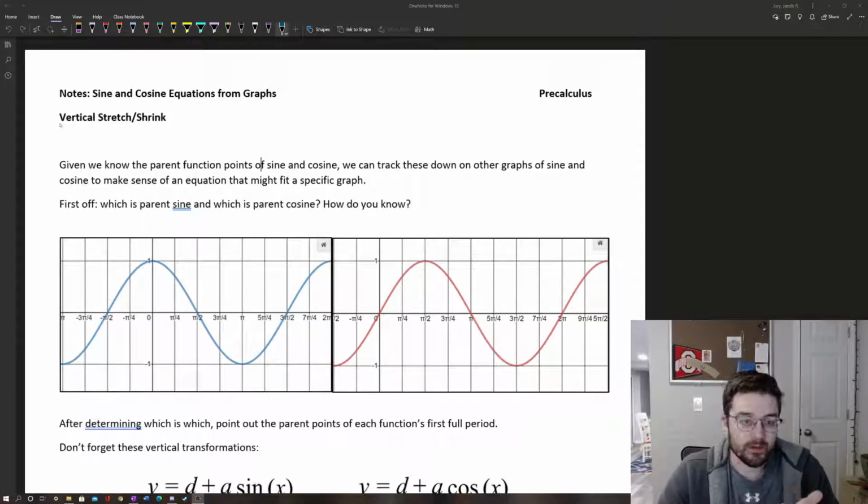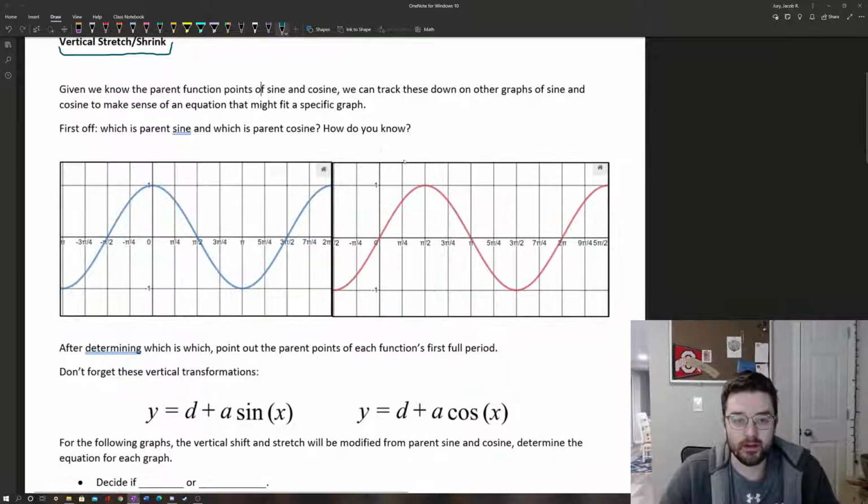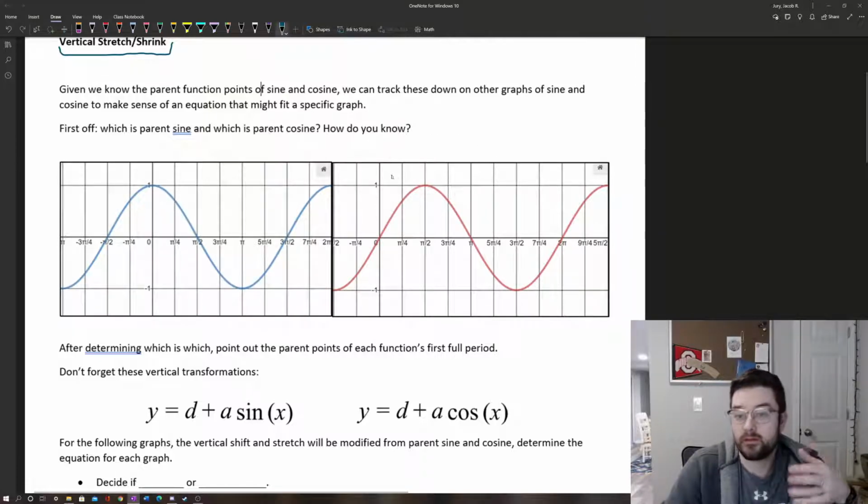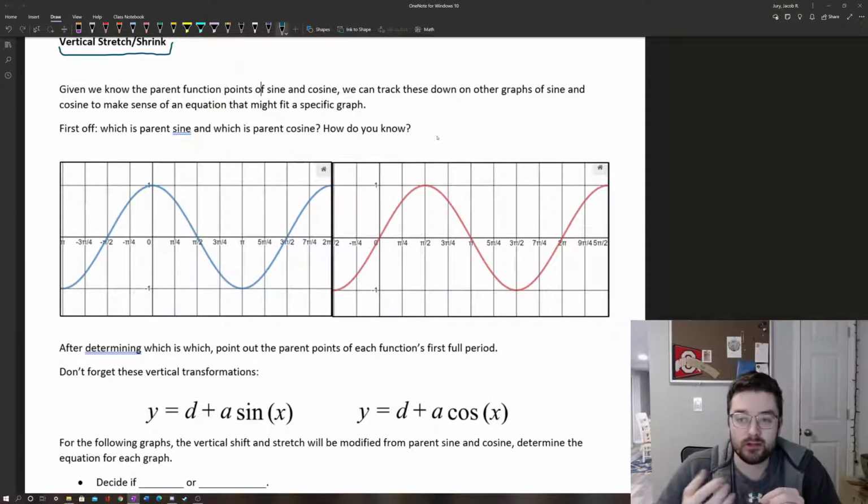So we're only dealing with vertical stretch and shrink, so that's going to be important to keep in mind when we look at this page here. But given what we learned from Miss White with sine and cosine, we know the parent points of sine and cosine, we know the period of sine and cosine, and we can track down these features in other graphs.